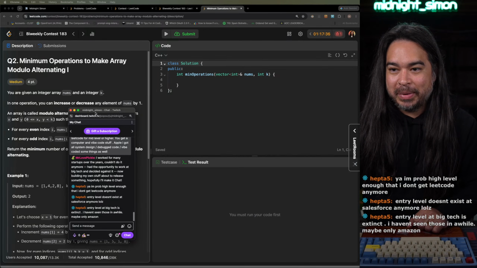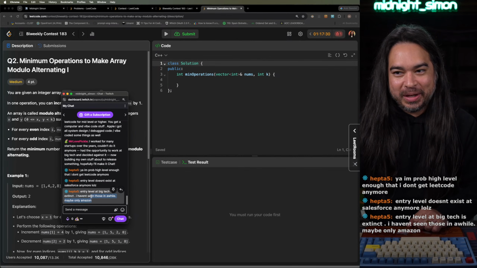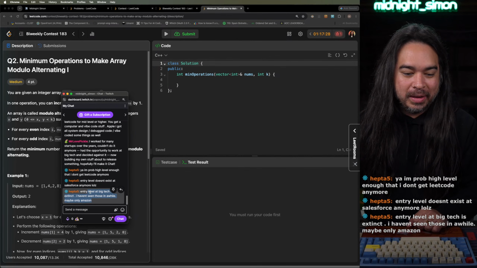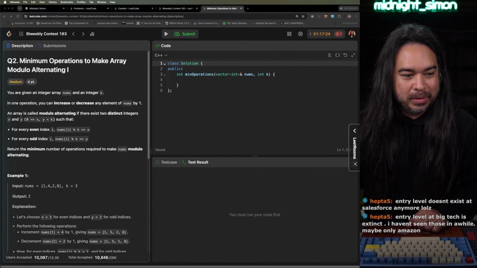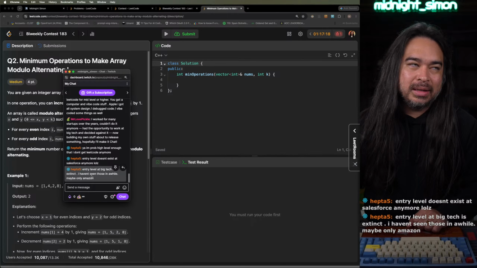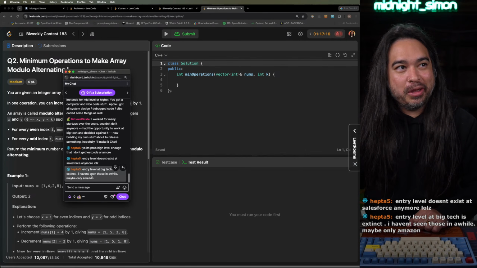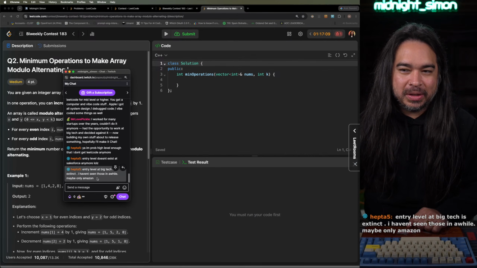Entry level at big tech is extinct. I haven't seen those in a while. Maybe only Amazon. I hear what you're saying, but when I left Google, there's a lot of L3s, but I'd say most of the L3s I met got jobs because they're returning interns. Like they got a return offer through their internship.